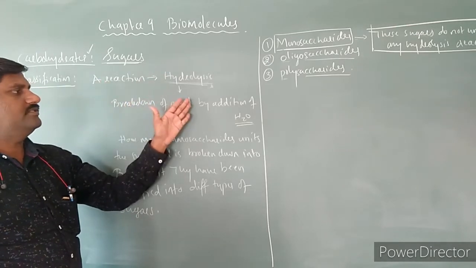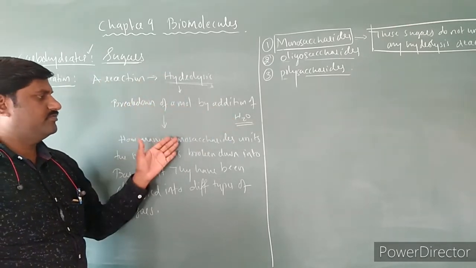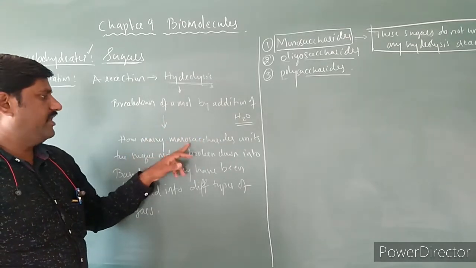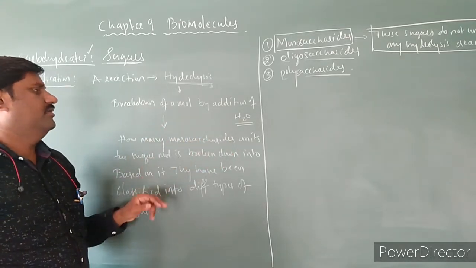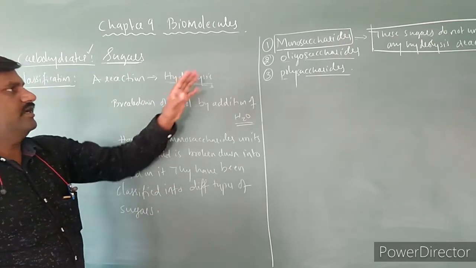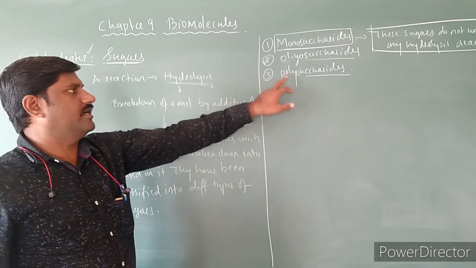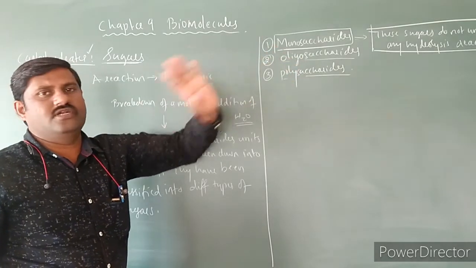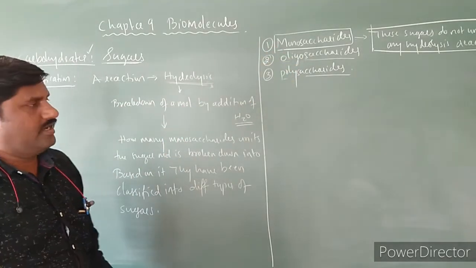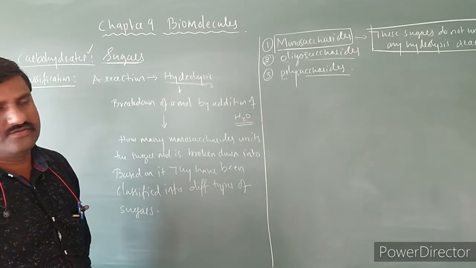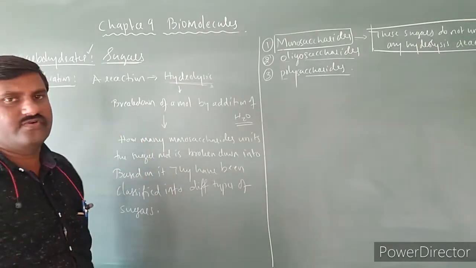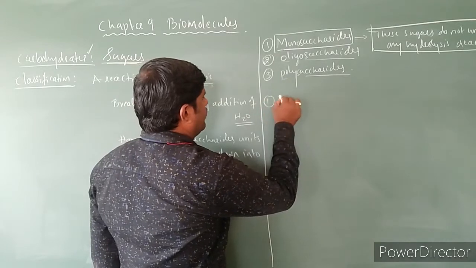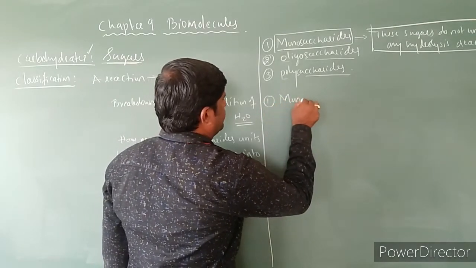When sugar is added with water, it is broken down into many monosaccharide units, and based on the number of monosaccharide units, they have been classified into oligosaccharides as well as polysaccharides. But monosaccharides do not undergo any hydrolysis reaction. This is the fact you should remember from classification. So first of all, we will go to the monosaccharides.